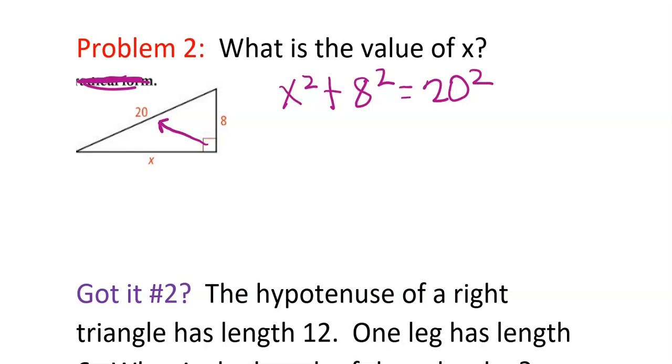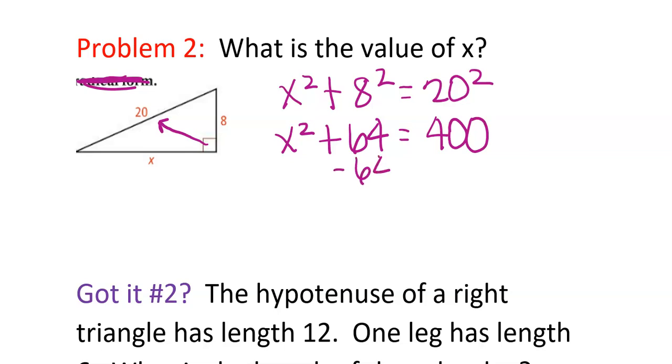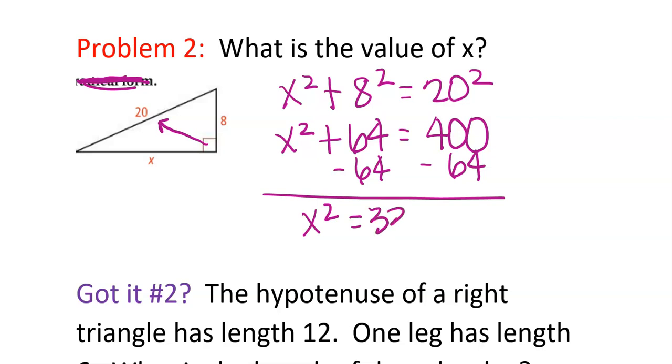So if we square each of these, we get 64 and 400. I'm going to subtract 64 from both sides. What is that, 336? And then square root both sides.